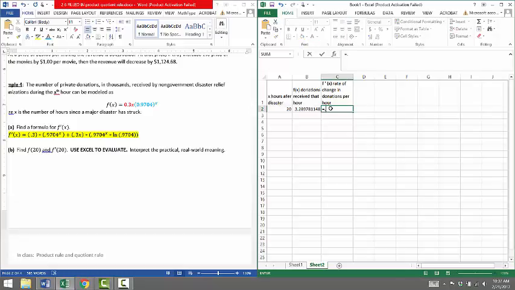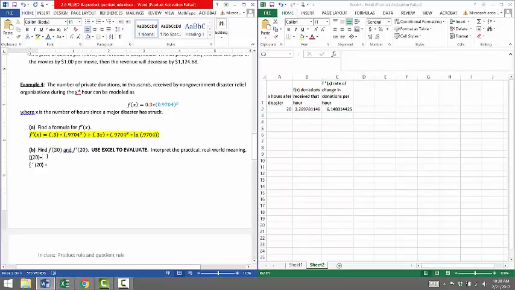So it equals 0.3 times 0.9704 raised to the x plus 0.3 times x times 0.9704 raised to the x times ln of 0.9704. All right, and I get 6.148 approximately.